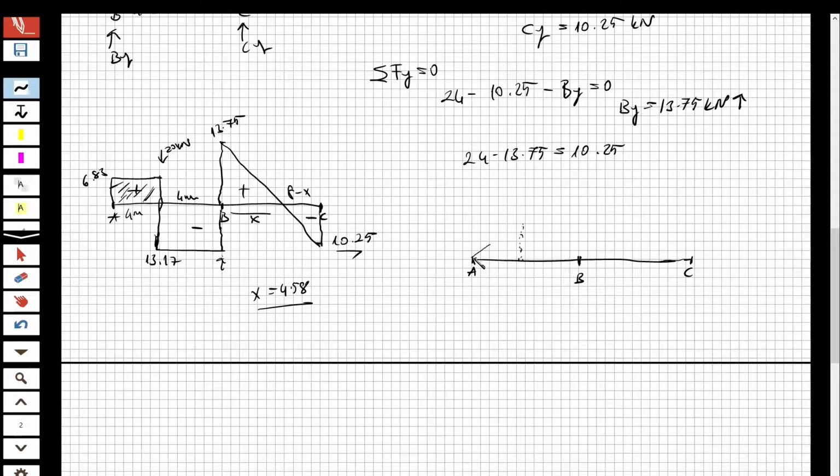The shape of the moment is going to be linear, because the shape of the shear diagram is rectangular, and this is going to be 27.32, and then I'm going to decrease at this amount of area.